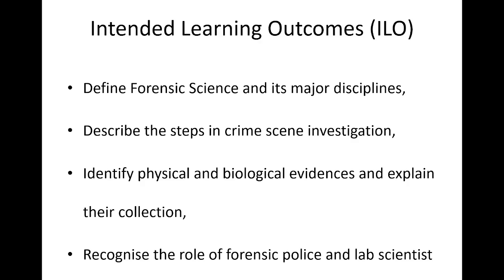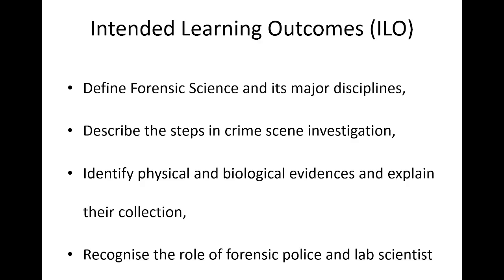In terms of biological evidence, in previous lectures, we covered those comprehensively. So we will recap them, but we focus on physical evidence rather than biological evidence. And then we're going to explain how to collect them. Obviously, we're going to recognize the role of forensic police and lab scientists, you as a lab scientist.